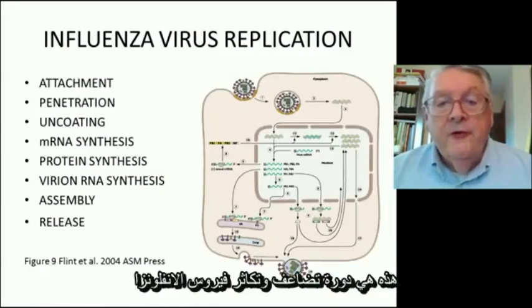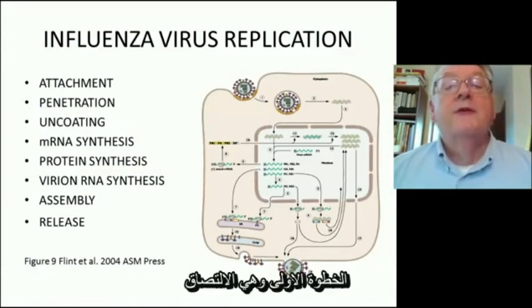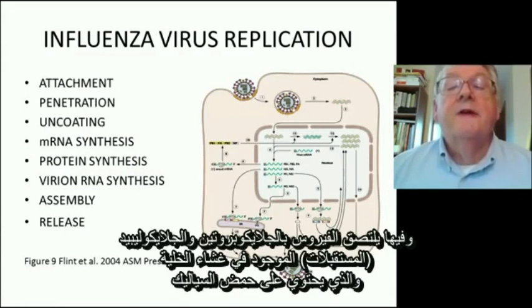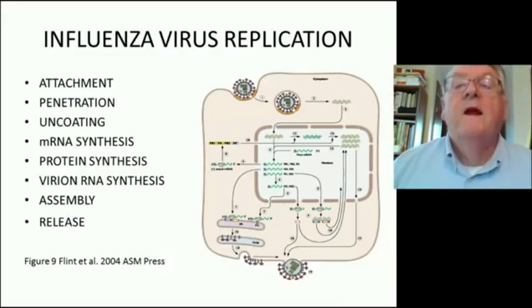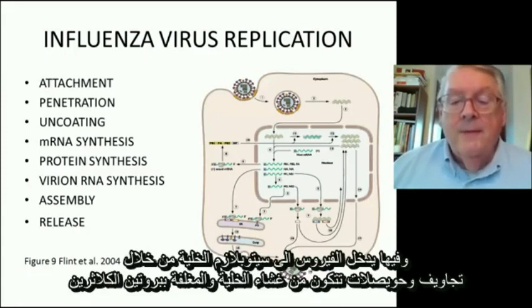This is the replication cycle for influenza viruses. The first step is attachment. The virus attaches to sialic acid containing glycoproteins and glycolipids on the plasma membrane of a susceptible cell. Next step is for the virus to get taken into the cytoplasm through clathrin-coated pits.